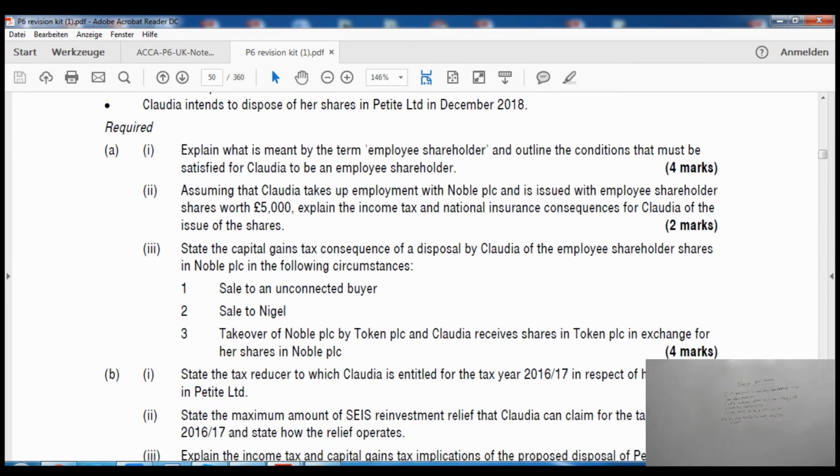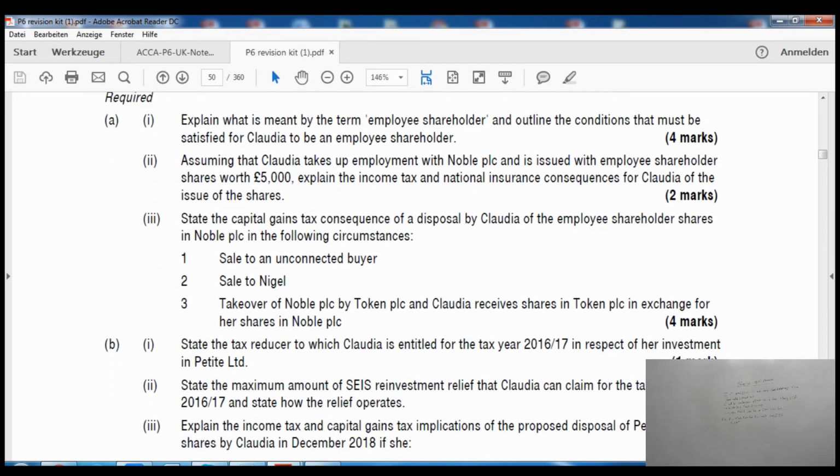In requirement number 3, it is worth 4 marks; requirement A2 was only 2 marks. It says, state the capital gains tax consequences of the disposal by Claudia of the employee shareholder shares in Noble PLC in the following circumstances: sale to an unconnected buyer, sale to Nigel, and takeover of Noble PLC by Token PLC, where Claudia receives shares in Token PLC in exchange for shares in Noble PLC.